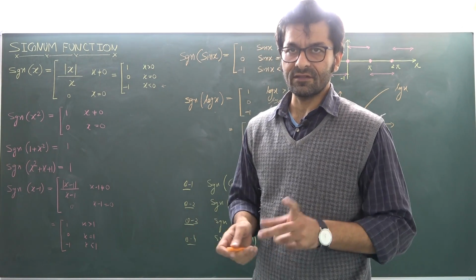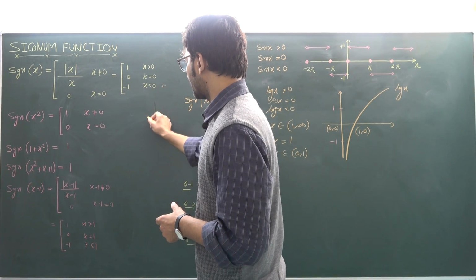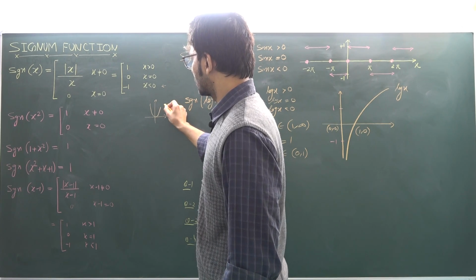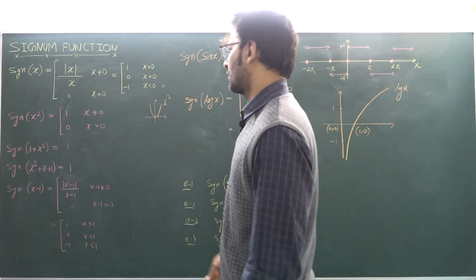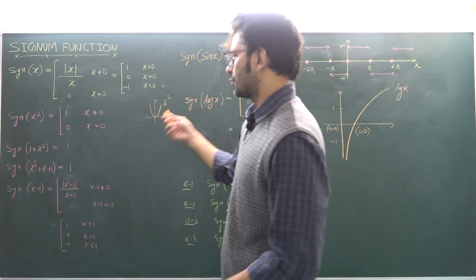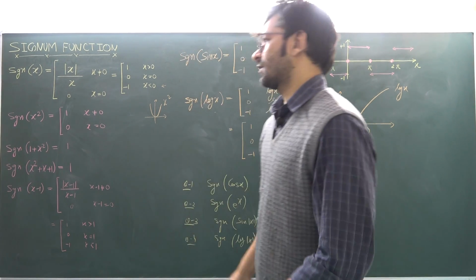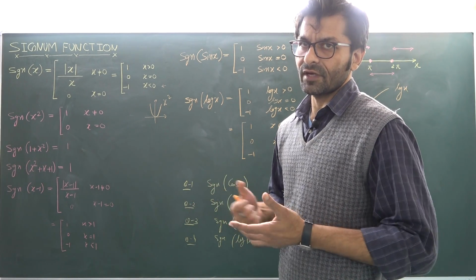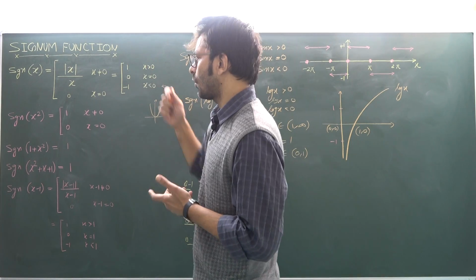If you draw the graph of x square, it is either positive or 0. So whenever x is 0, Signum of x square is 0, and for x not 0, x square is positive, hence the value is 1.